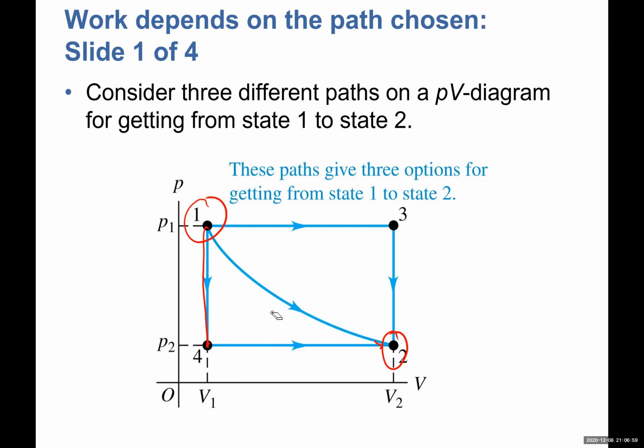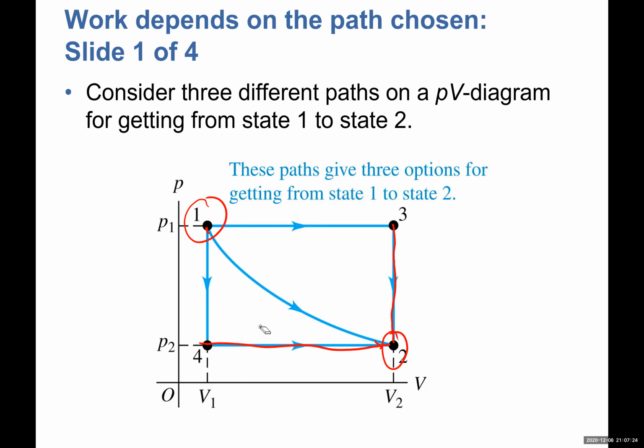Or we can go from state 1 to state 3. That means keeping the pressure constant and increasing the volume, and then from here keeping the volume constant and decreasing the pressure. That means exactly opposite. For this one, it was keeping the volume constant, decreasing pressure, and then keeping the pressure constant and increasing the volume.